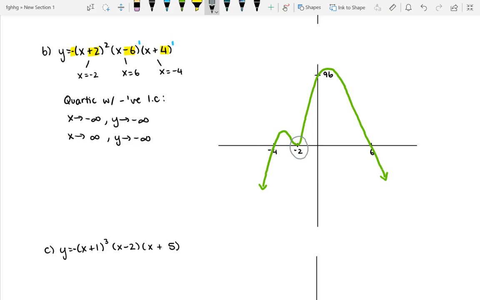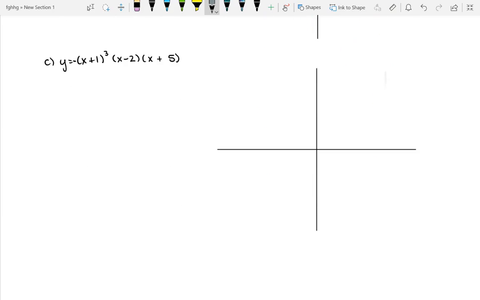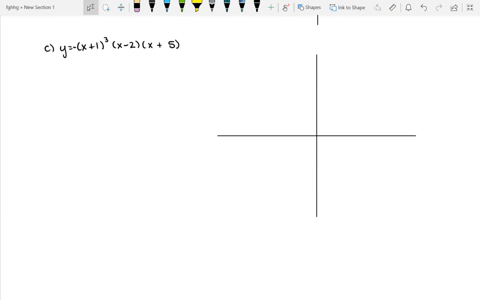The last example that I want to take a look at is what happens if one of my factors is raised to the exponent 3. So taking a look at this example, I have y equals -(x plus 1) cubed, (x minus 2) times (x plus 5). The first thing we're going to do is take a look at the exponents of my factors. So I have x plus 1, that's raised to the exponent 3.